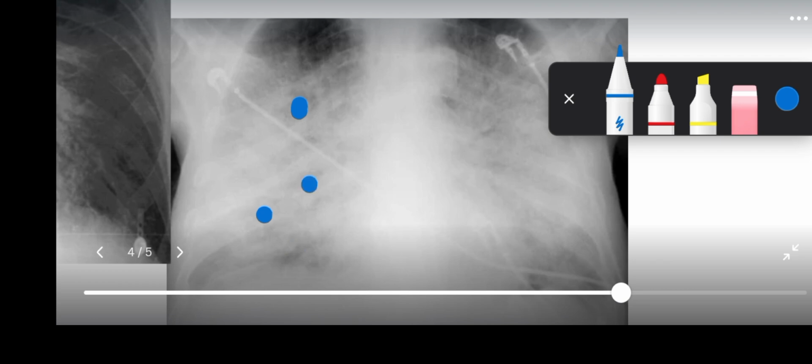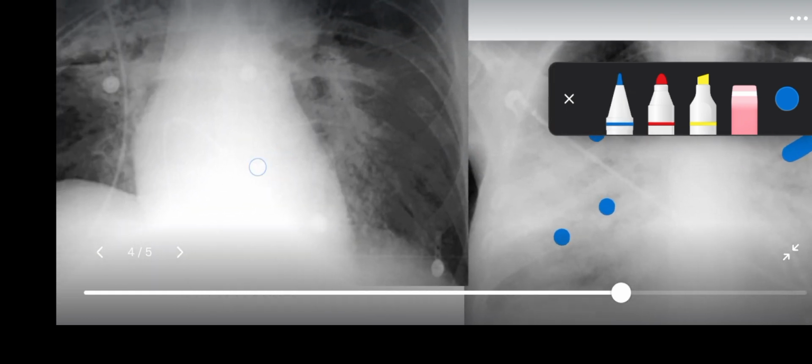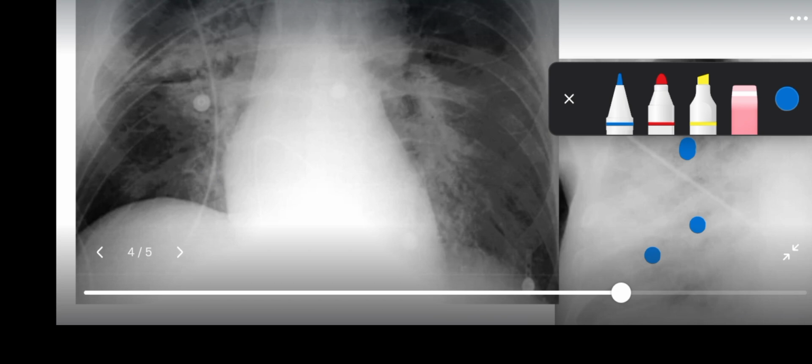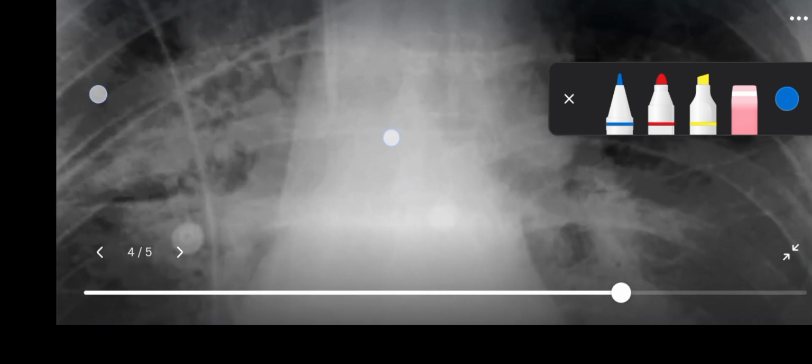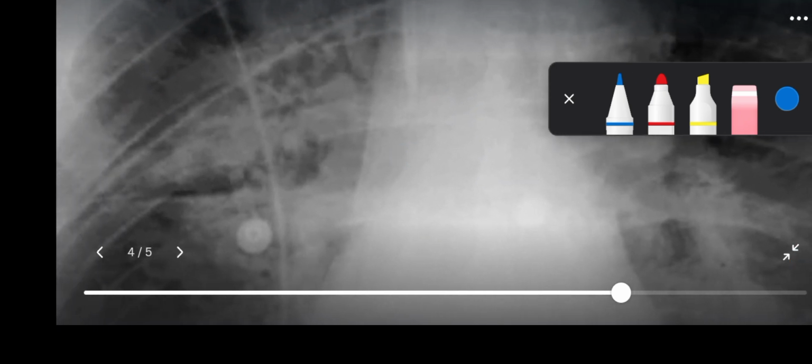Then you see there are linear structures, very tiny linear structures. That is a sign of alveolar edema. Yes, here is better seen than the other one. You see these round opacities. Then you see this linear structure.